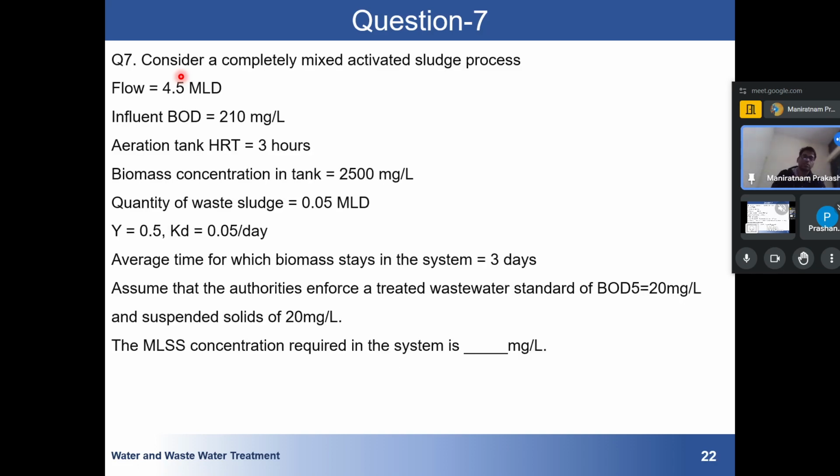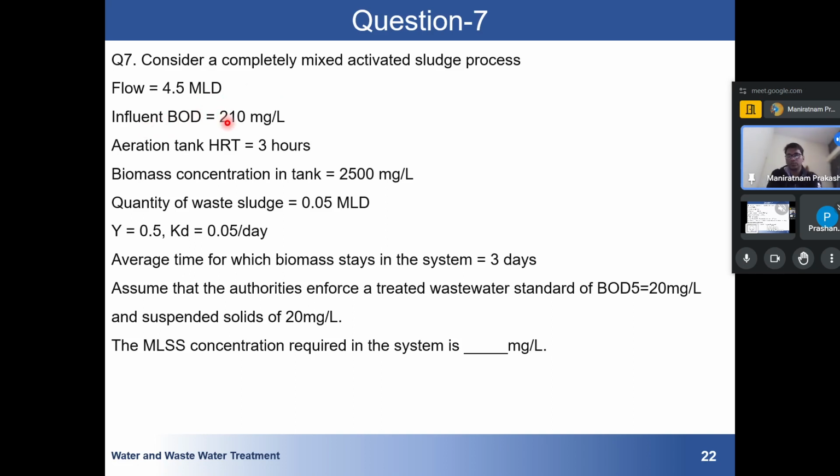Again, one question related to this thing, the activated sludge process. Just 1 minute. So there is one treatment plant with flow 4.5 MLD, that is million liter per day.